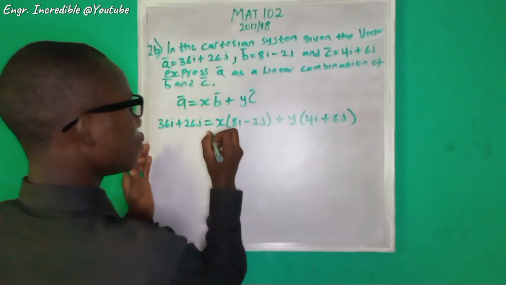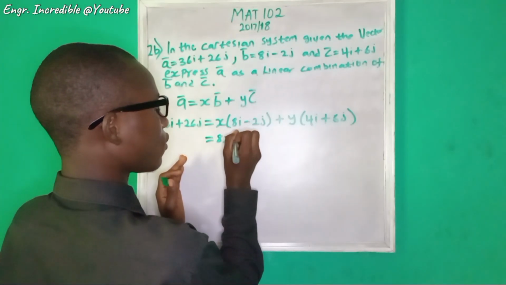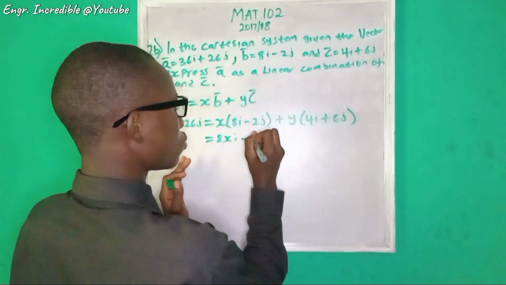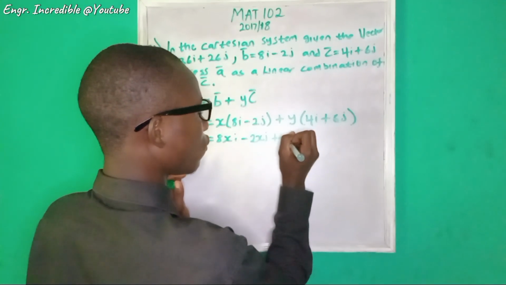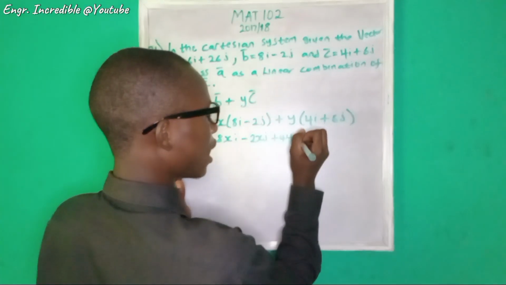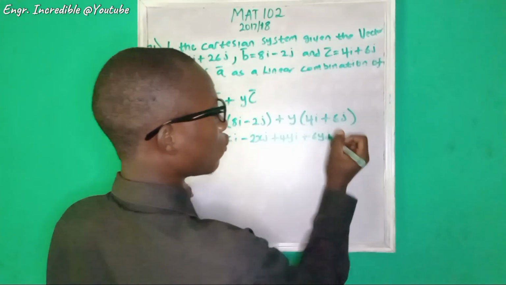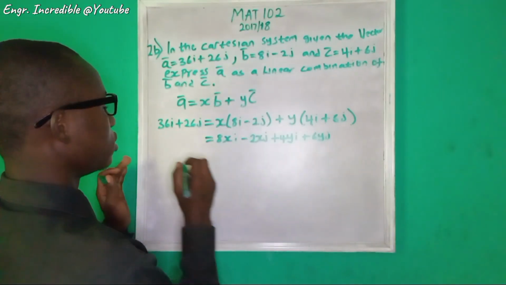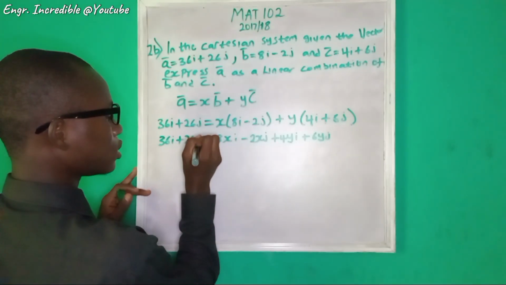So now if we expand this, we have 8x of i minus 2x of j plus 4y of i and plus 6y of j. I just expanded the bracket, equals 36i plus 26j.